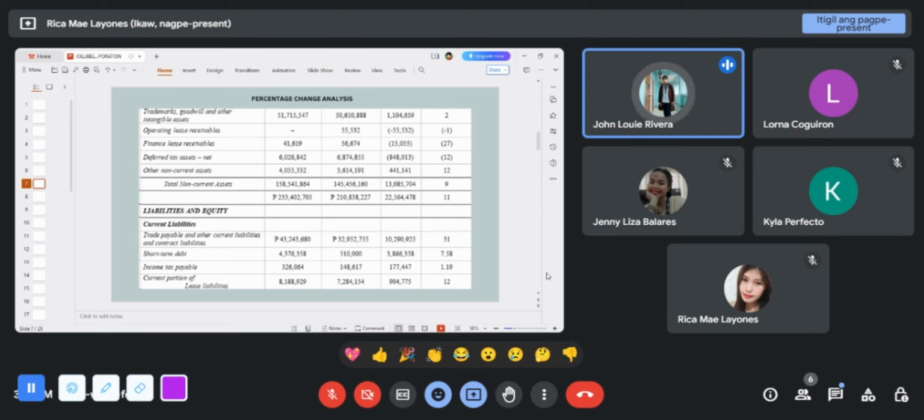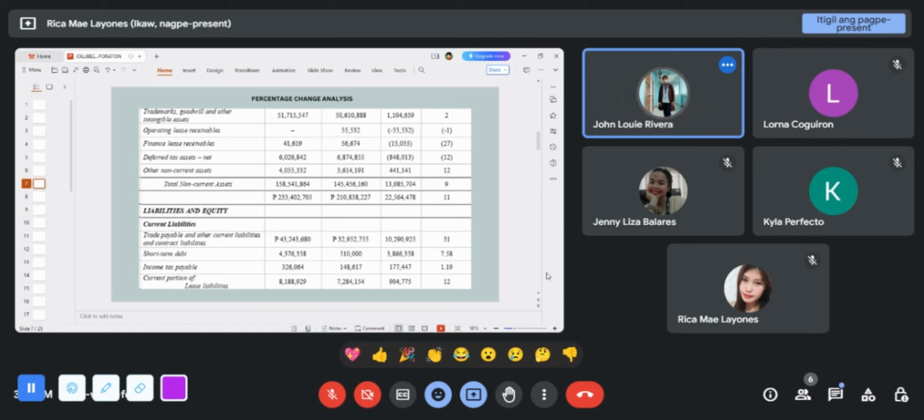Other non-current assets, amount 441,141, increased by 12. Total non-current assets, amount 13,085,704, increased by 9. And total assets, 22,564,478, increased by 11.